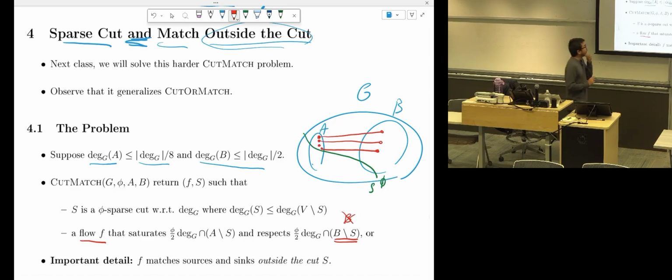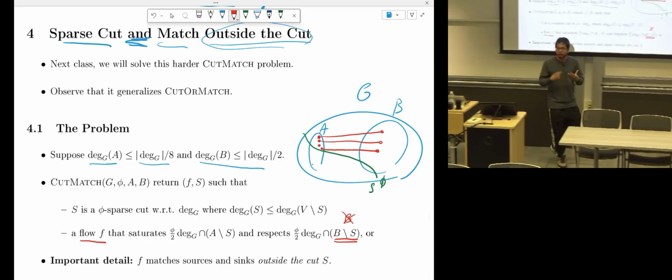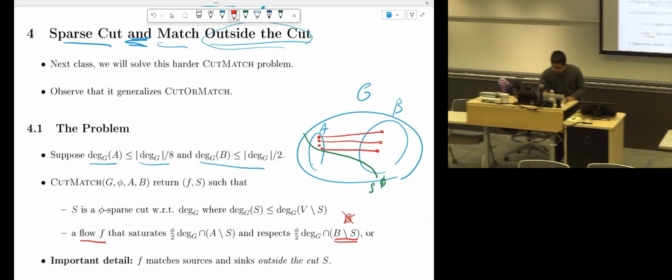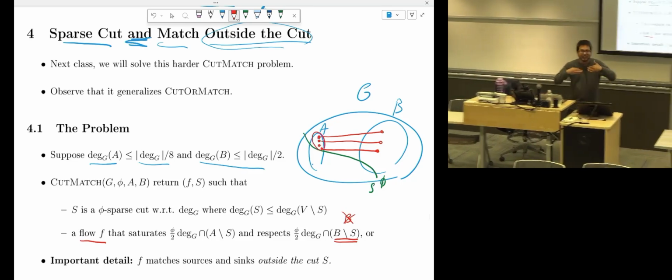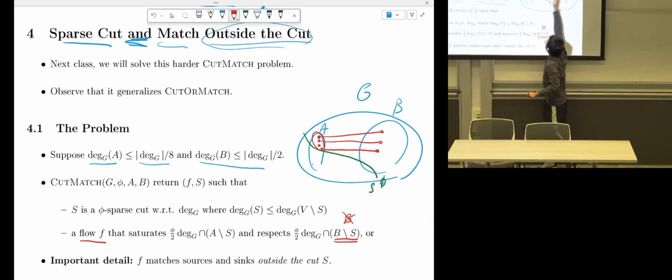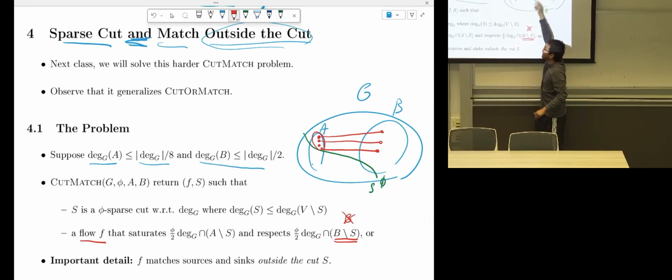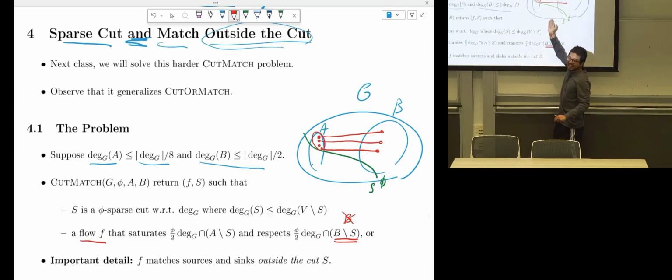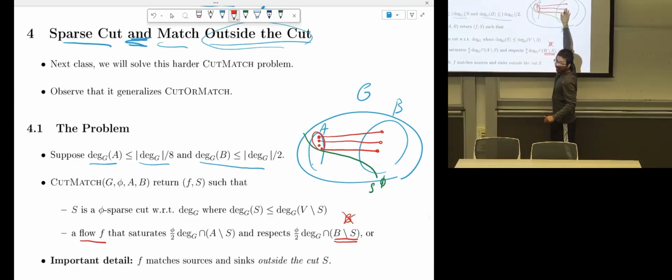And if you remember, when we used max flow to solve this problem, it's indeed the case that everything after min cut will be meshed outside the cut. The flow here will not reverse the cut. It just goes to this one.